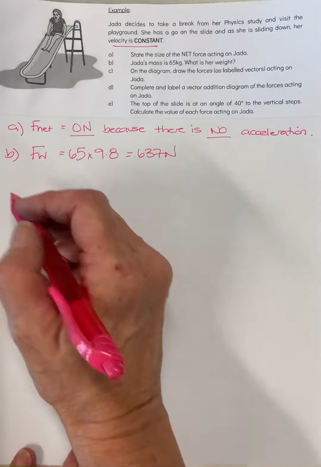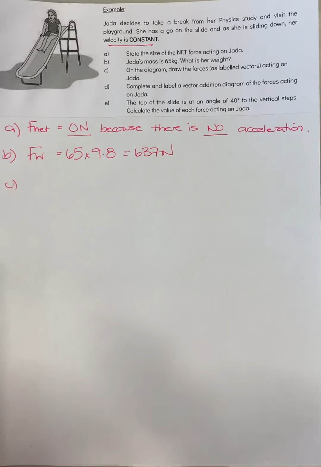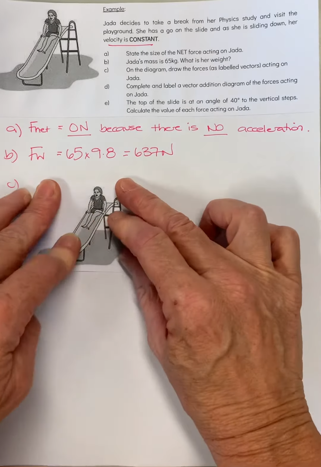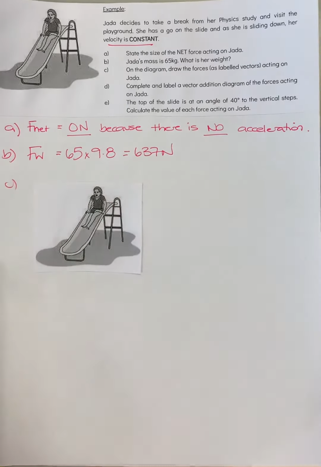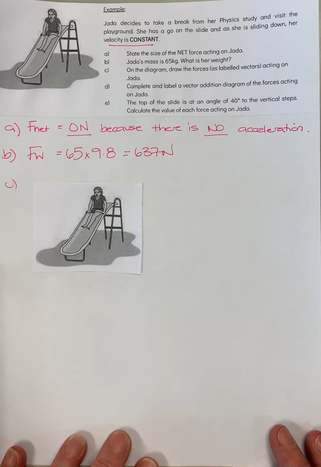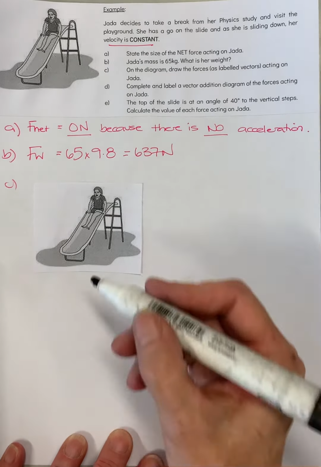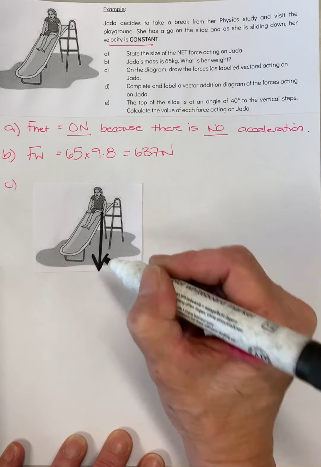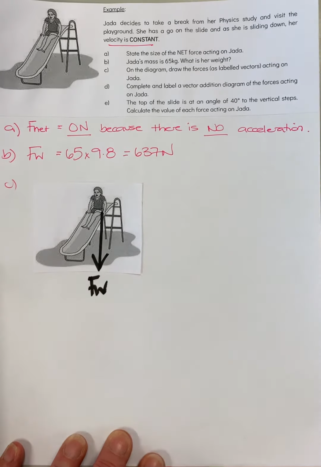And then part C, I've got another little slide here so that we can draw on it. So it says, on the diagram, draw the forces as labelled vectors acting on Jada. So the easiest one is the one going straight down, which is weight force.